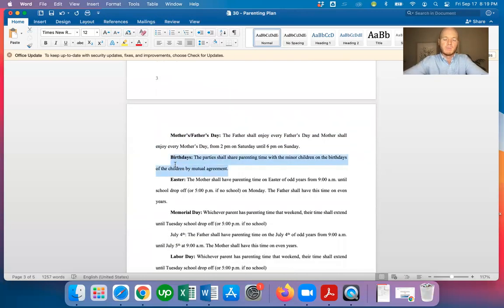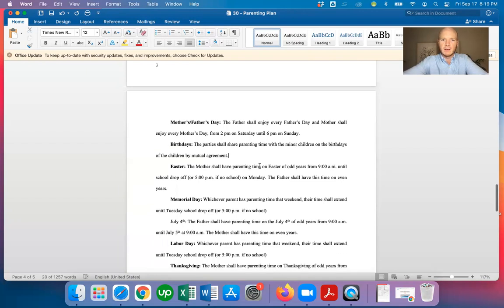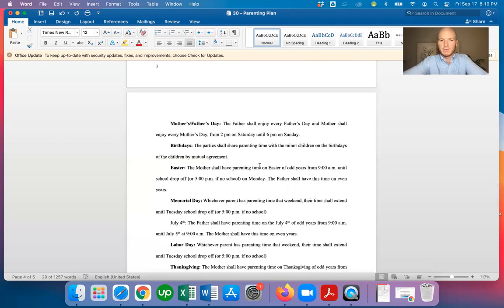Some people don't care about birthdays so much, but you may want to lay out parenting time for the birthdays of the children, or add in language for the birthdays of each parent. If it's mom's birthday, she may want to have parenting time on that day, and vice versa for dad.